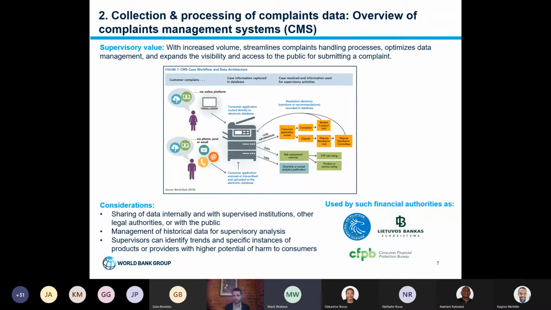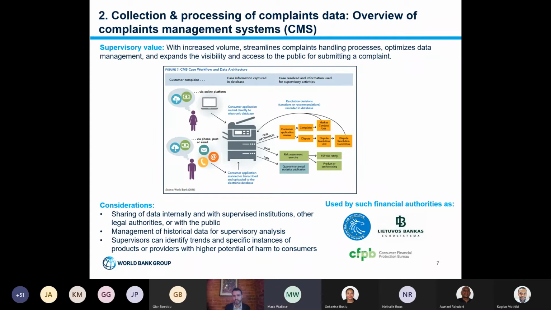Traditional complaint handling often relies on manual processes and is limited in its ability to interact with consumers, the result of outdated channels and accessibility issues with those channels. So a complaints management system automates the complaints handling processes, optimizes data management for supervision, and expands the visibility and access to the public for submitting a complaint.